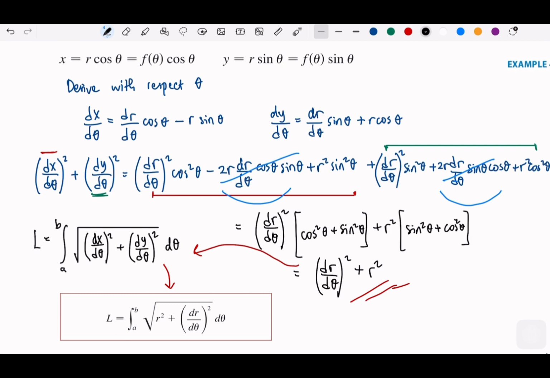Well, it depends. Sometimes if you have perhaps a parabola or perhaps a circle, then you can rewrite it in polar. For a circle, for example, r equals a constant. But usually it is given.